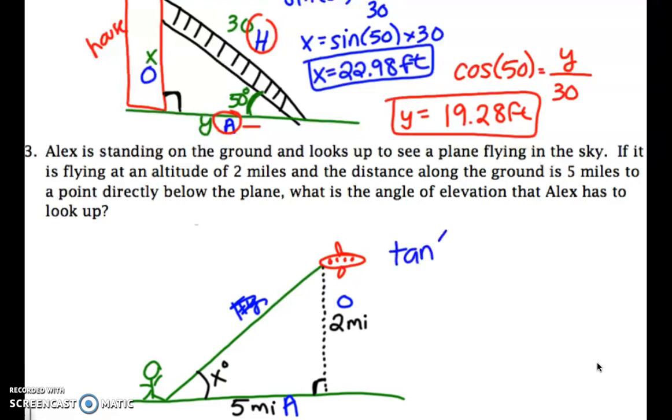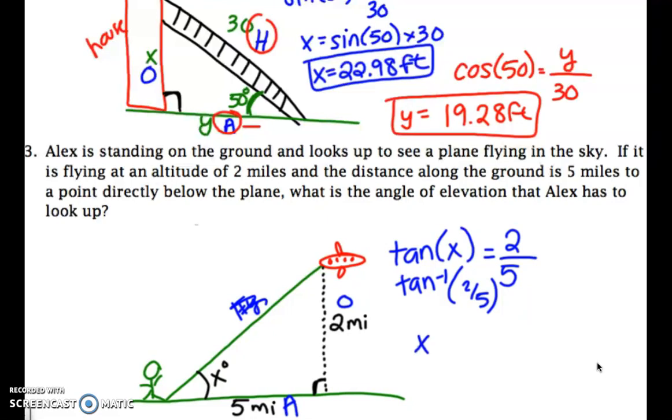So tangent of the angle that I don't know is going to equal opposite over adjacent. So I'm going to do the inverse tan of 2/5. So let's type that in the calculator. Inverse tan of 2/5. Again, make sure your calculator is in degrees.